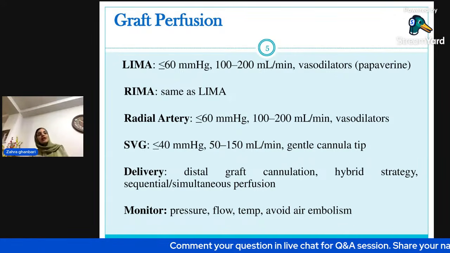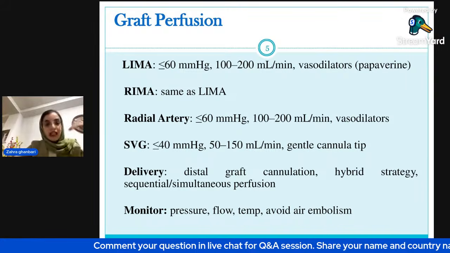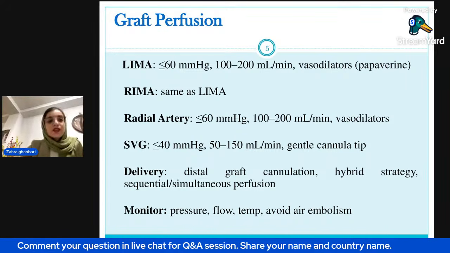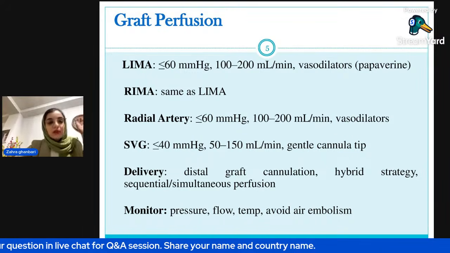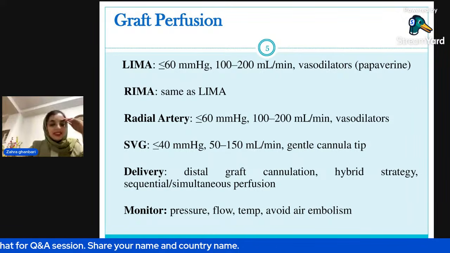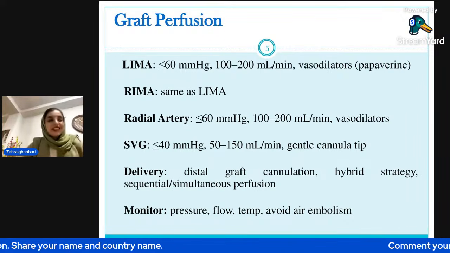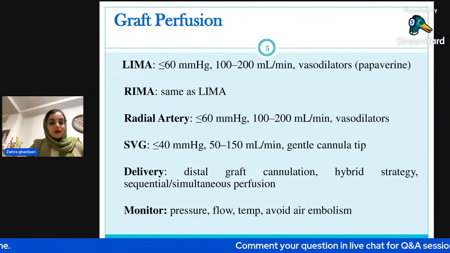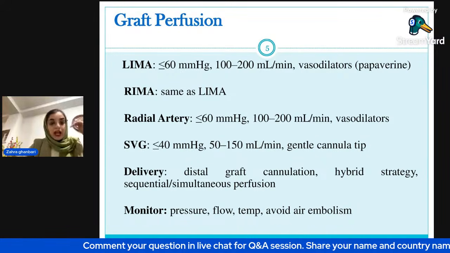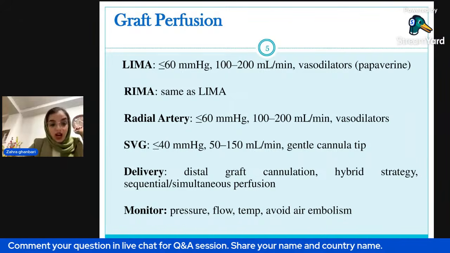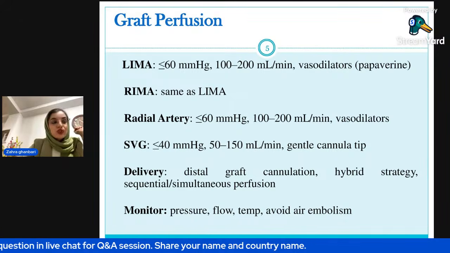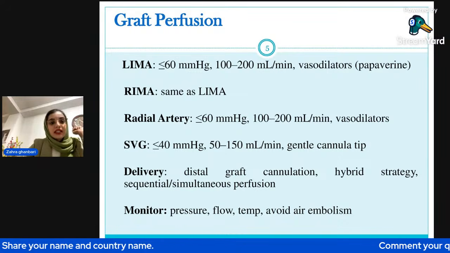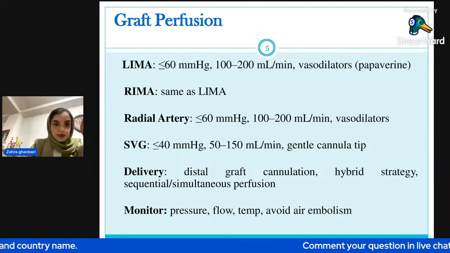One type of graft is LIMA, the left internal mammary artery. Regarding the characteristics of this graft, it is an arterial graft with a muscular wall and is prone to vasospasm, so we should use vasodilators such as papaverine to prevent this spasm.